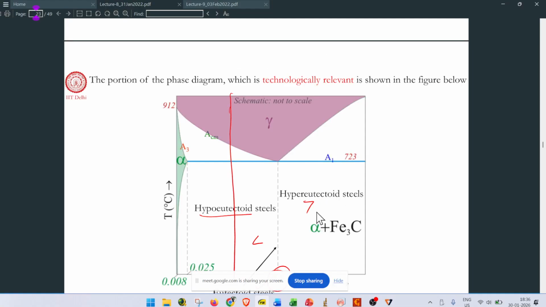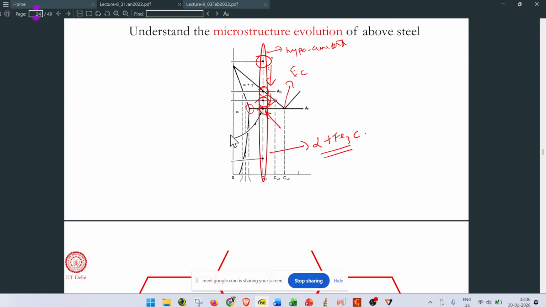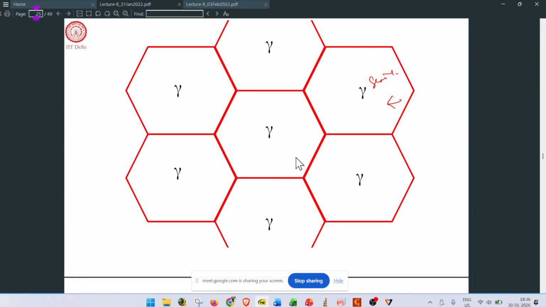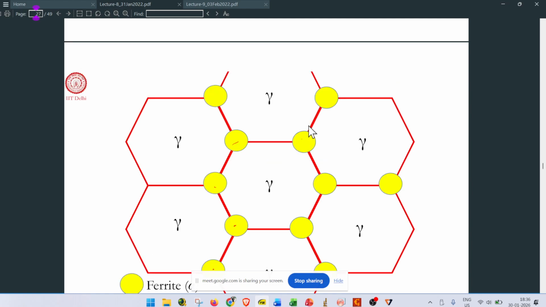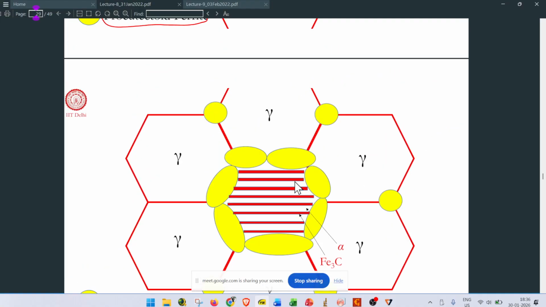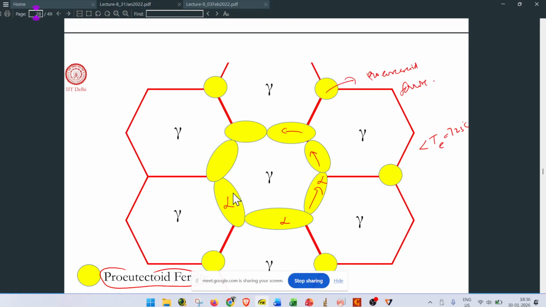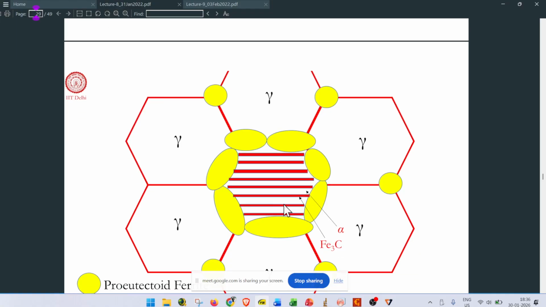Suppose I take a certain point, not in the pure region, in the gamma phase. Nucleation starts at the weakest point, the grain boundaries, and it starts growing the ferritic phase.